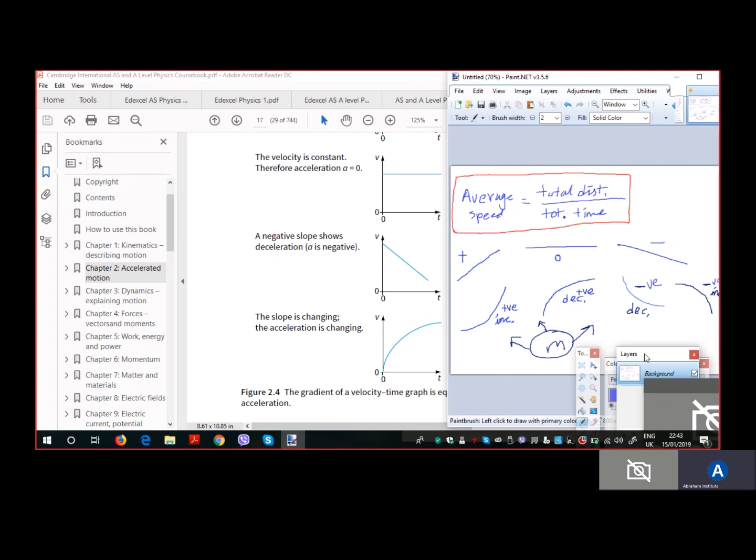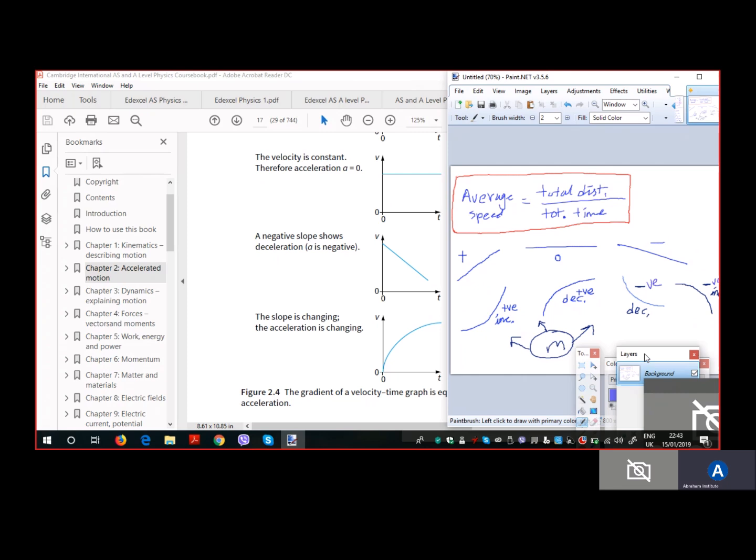For example, let's say in the beginning the acceleration was 50 meters per second squared. Then it becomes 40, then 20 meters per second squared. What that means is, in the beginning, the speed was increasing at a rate of 50 meters per second every second. At the end, the acceleration decreased to 20.